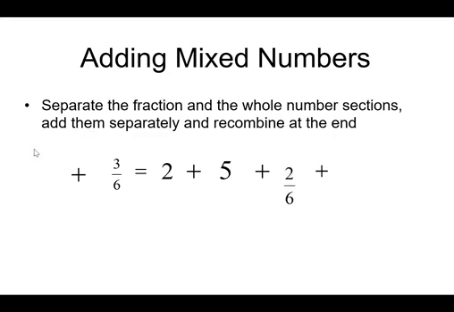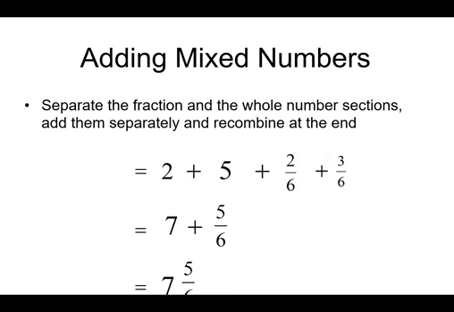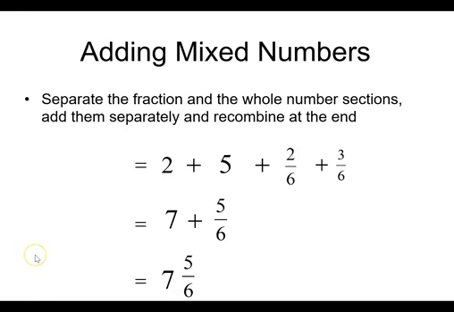We need to split the fractions up, which after today's lesson, you can do easily by adding the numerators and keeping the denominators the same. Well, 2 plus 5, that's easy. That's 7. And 2/6 plus 3/6, if I add the numerators and keep the denominators the same, is 5/6. My answer is 7 and 5/6. Once again, that's 7 and 5/6.